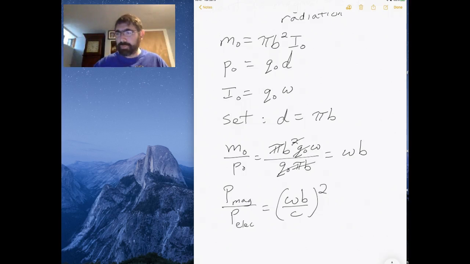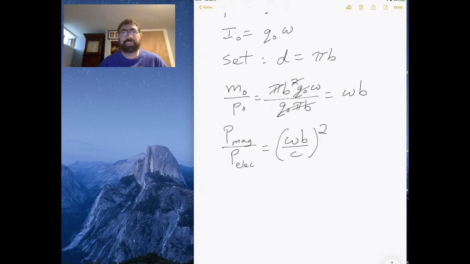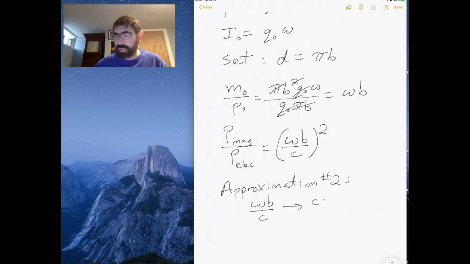Now, if you remember approximation 2 from a previous lecture, it said that omega b over c was small.